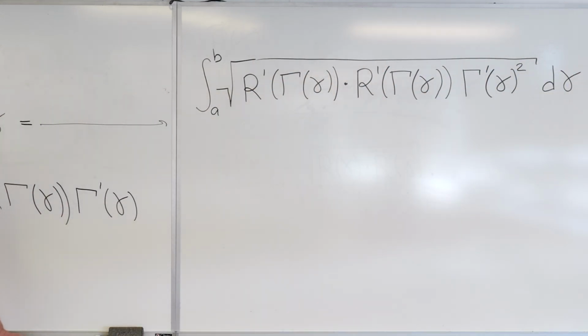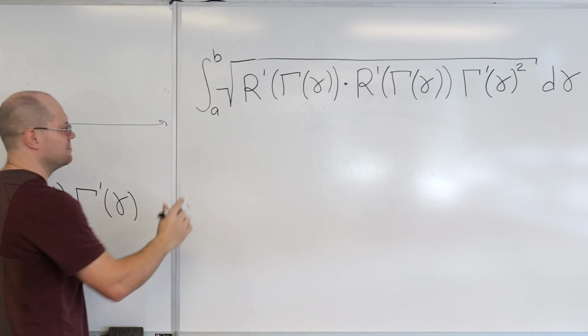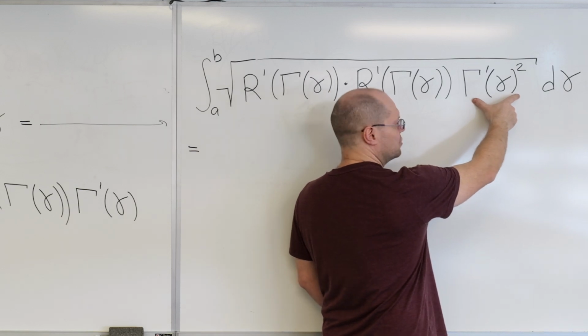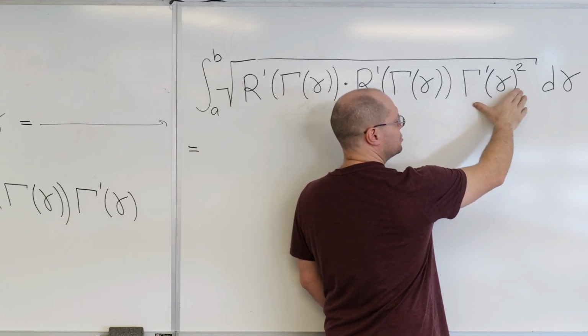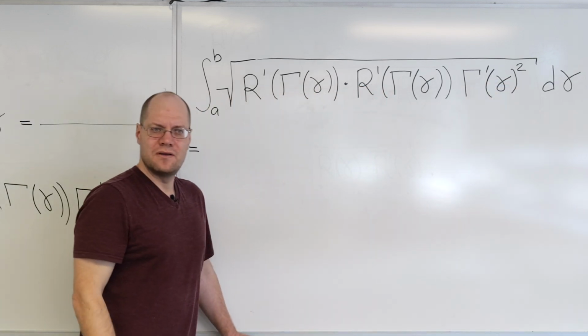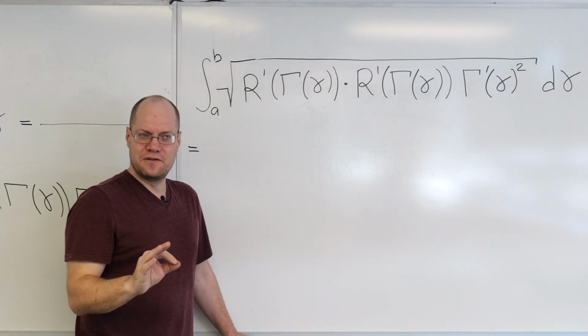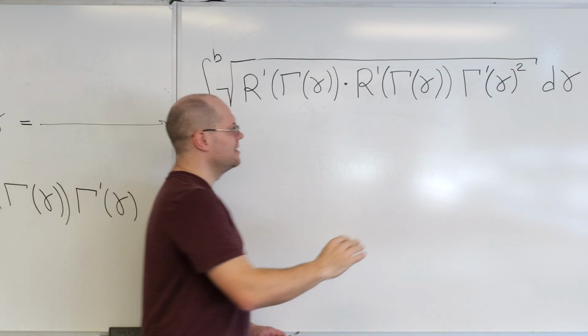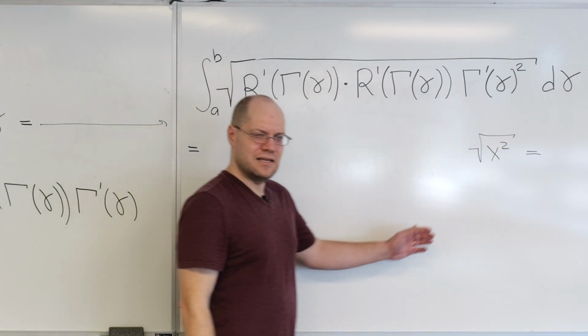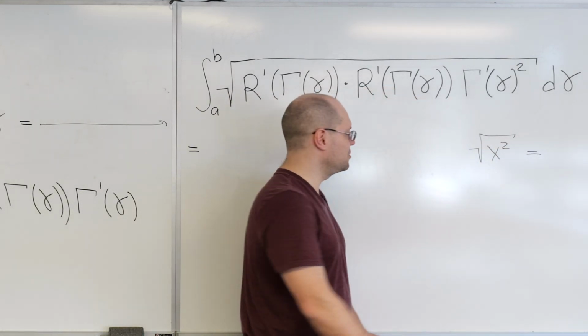The next step, I won't do it in place. I will take this from under the square root. It's squared under the square root, so it'll come out as gamma prime of gamma, which is a step you have to be careful with, because ordinarily, if you have the square root of x squared, this equals the absolute value of x.